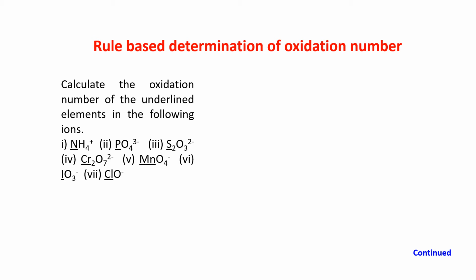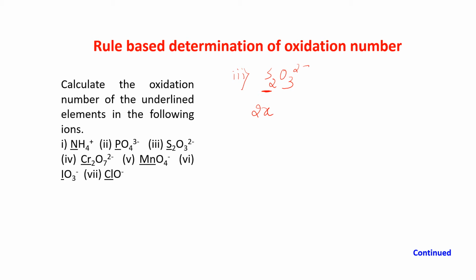Suppose number 3, S2O3 2-. I have to find out the oxidation number of sulfur. Again, let the oxidation number of sulfur be X. I'm having 2 sulfur atoms, so it will be 2X.